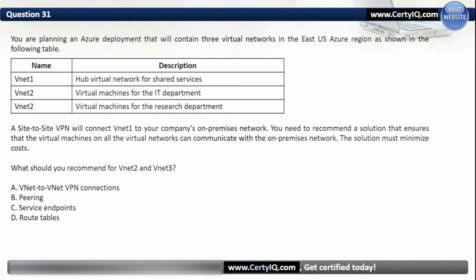The solution must minimize costs. What should you recommend for VNet 2 and VNet 3? Our options are A. VNet to VNet VPN connections, B. Peering, C. Service endpoints, or D. Route tables. The correct option is B. Peering.